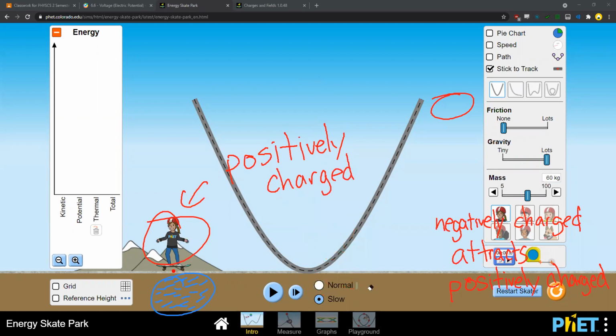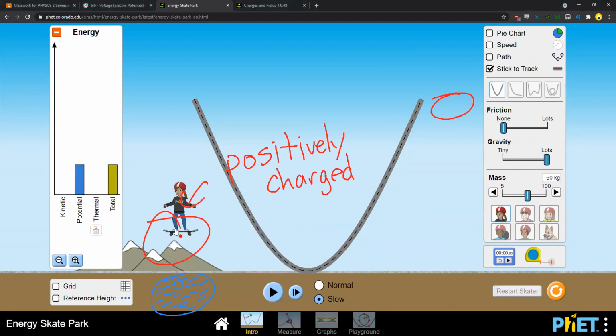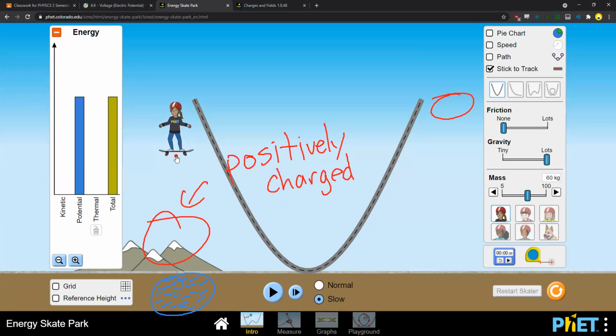I'm pulling this person away from the negative charge. She wants to be near the negative charge, but I'm pulling her away.